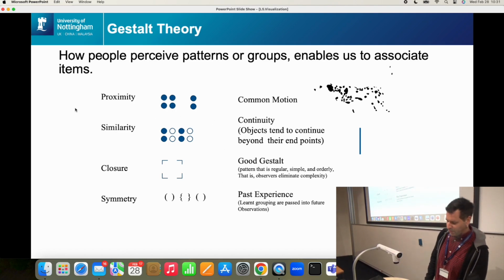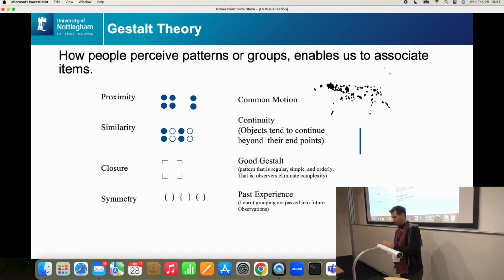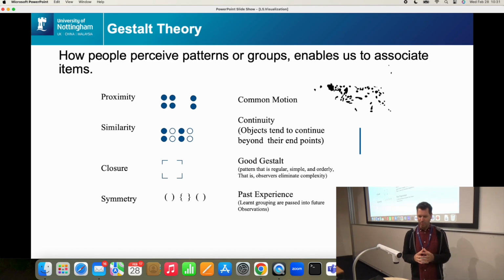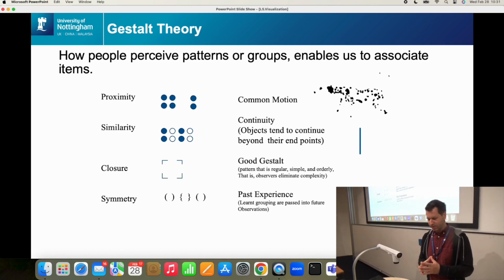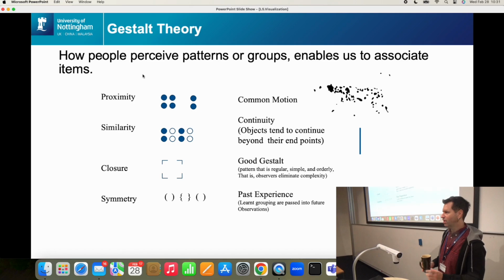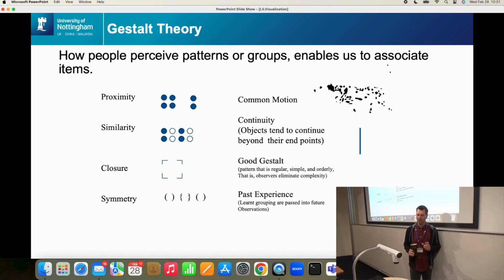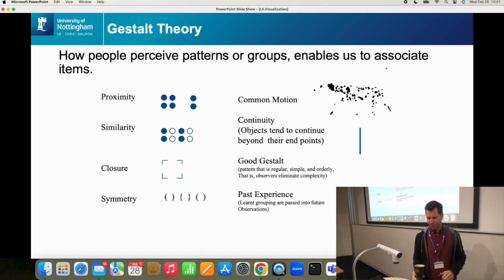So Gestalt theory is related to how we associate images and visual representations with one another. So when we perceive patterns or groups, right, we associate items with one another. So proximity is one of the ways in which we associate data with one another. So if it's located close together.